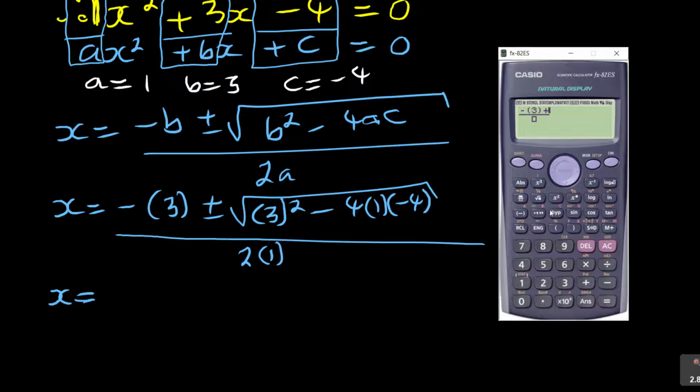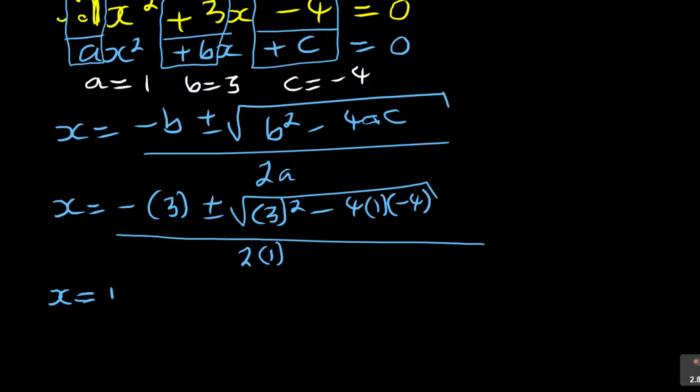So it's bracket 3 squared minus 4, a is 1, that is negative 4, and then all over 2 and 1. The first answer: x is equal to 1, go backwards, put a negative, and x is equal to minus 4. So x is equal to 1 or x is equal to negative 4.